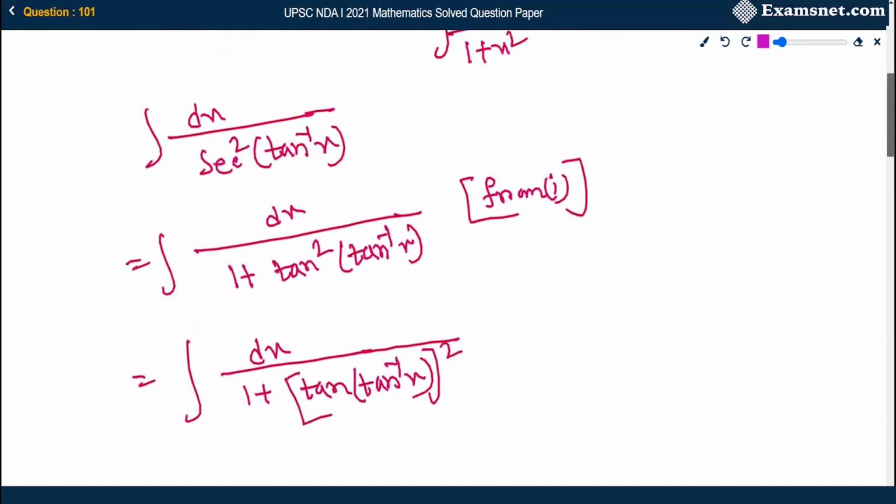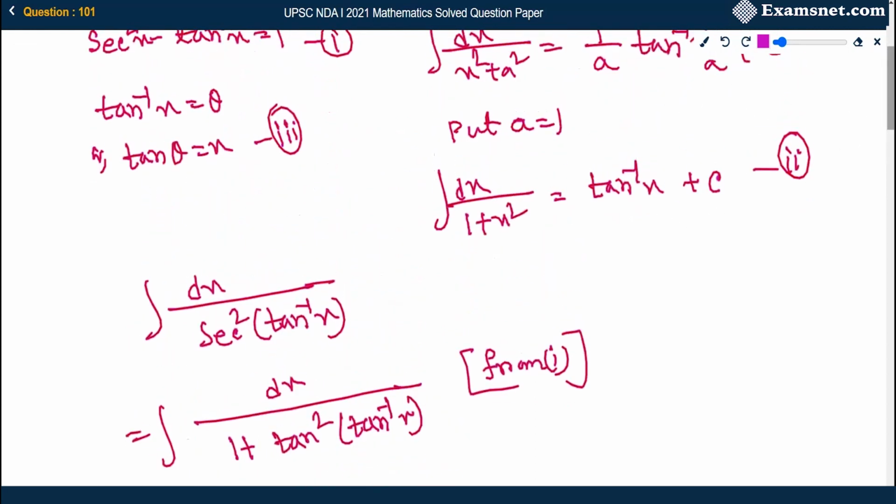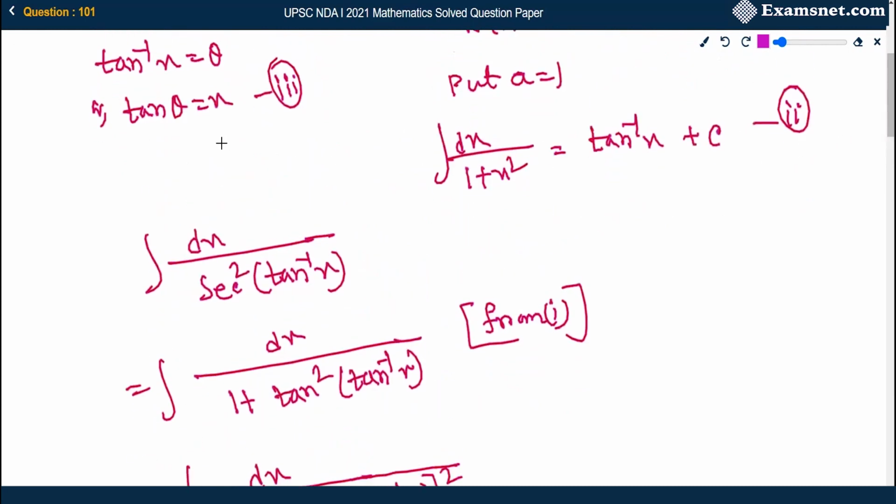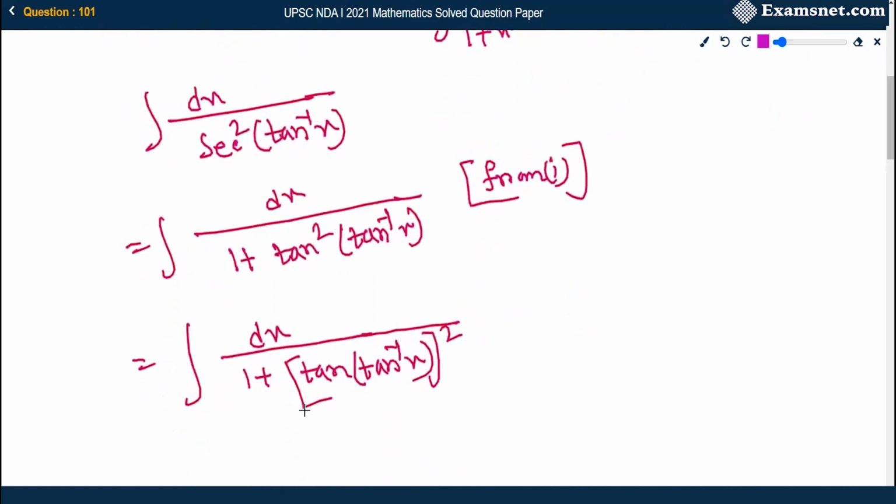Now we can compare it with the second formula, dx by 1 plus x square. Before that we will check with the third formula. If I consider tan inverse x as theta, then tan theta will give me x. So dx by 1 plus tan theta square gives x square, from the third law.